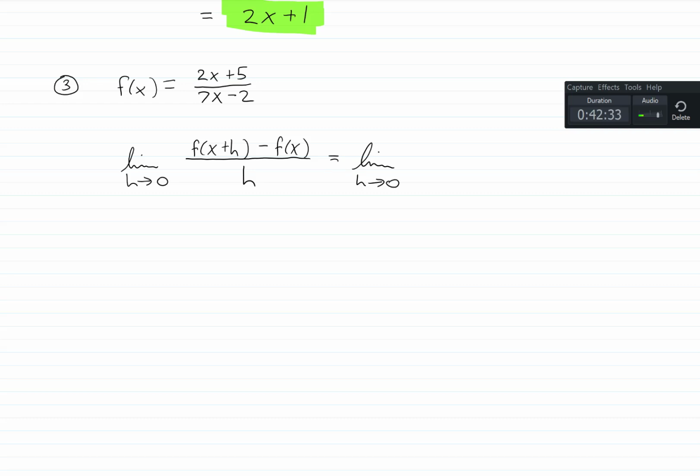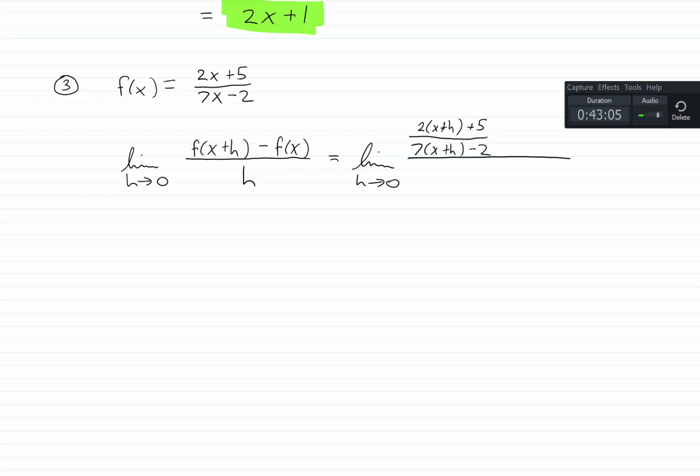So, what do we have? We have a fraction, right? And what's on the top? First is the function with x plus h plugged in. So that will be 2x plus h plus 5 over 7x plus h minus 2.